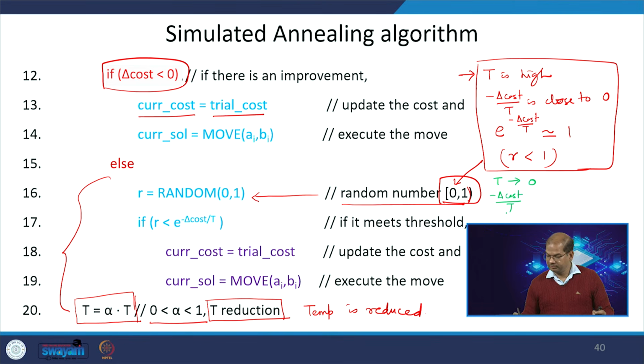Minus delta cost by T is close to infinity. Now e to the power minus delta cost by T should be close to 0, because e to the power minus infinity is 1 by infinity, which is close to 0.